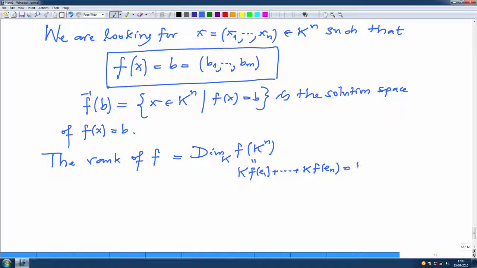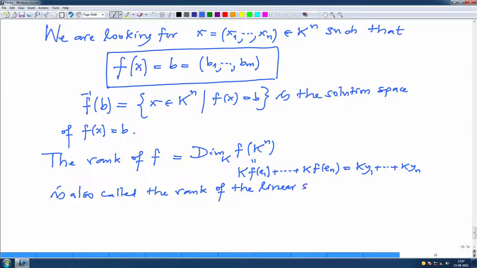So this is k Y1 plus up to k Yn. We want to compute this rank. This rank is also called the rank of the linear system E.